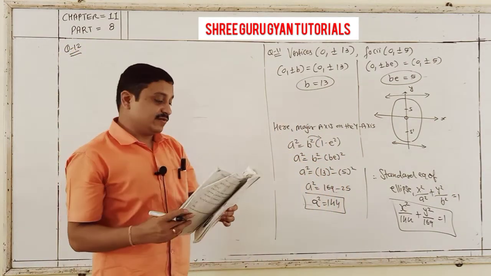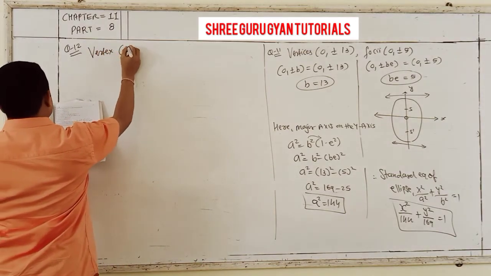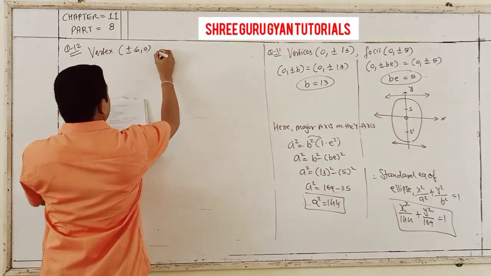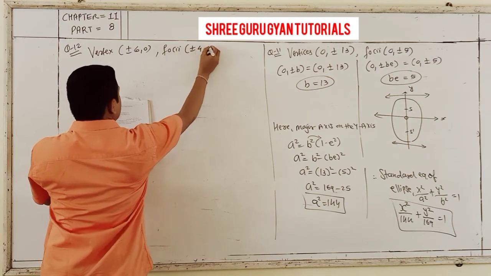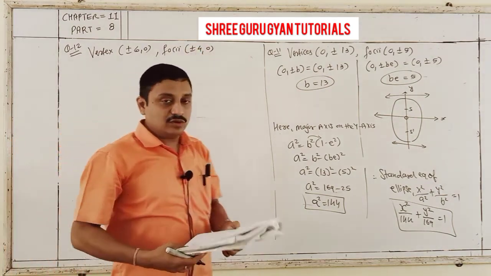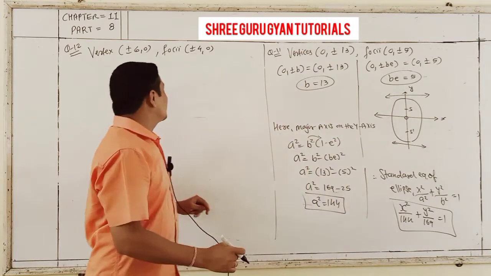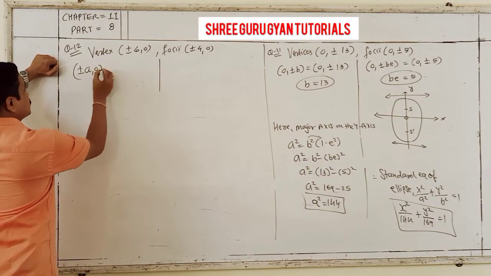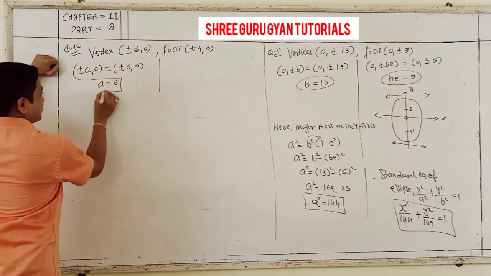Yes, vertex is given: vertex plus or minus 6, 0 in question number 12, and foci plus or minus 4, 0. Yes, vertex 6. Focus on x-axis, major axis x-axis. So yes, students, vertex you just compare plus or minus a, 0 is plus or minus 6, a becomes 6.